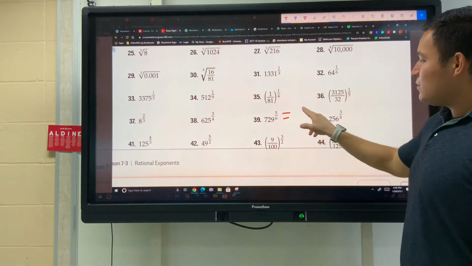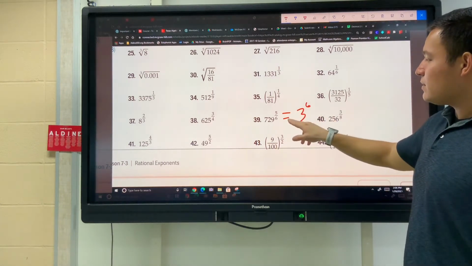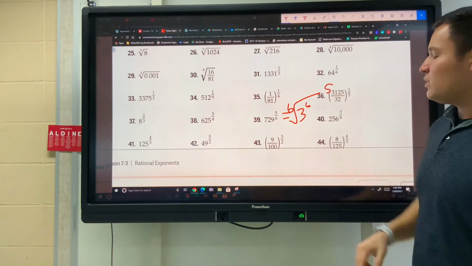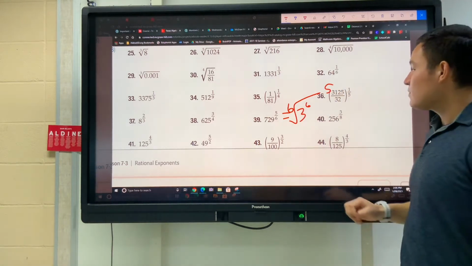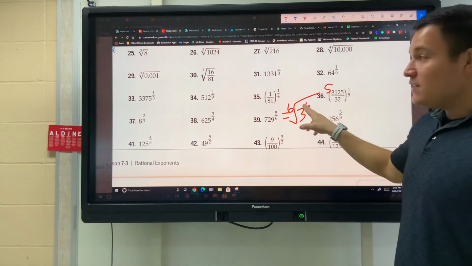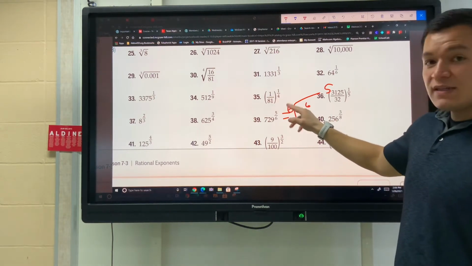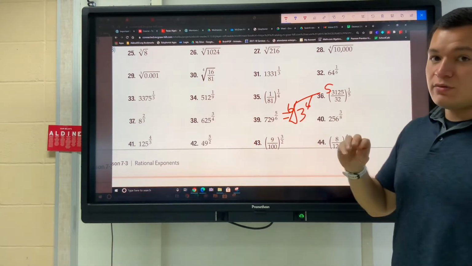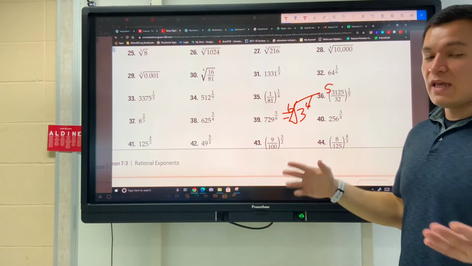This is equal to 3 to the 6th power inside of the 6th root, and it's also being raised to the 5th power also. Once you have 6 of these number 3s, and you know that you need a 6th root, these two things are going to balance out, and they're going to just cancel out.